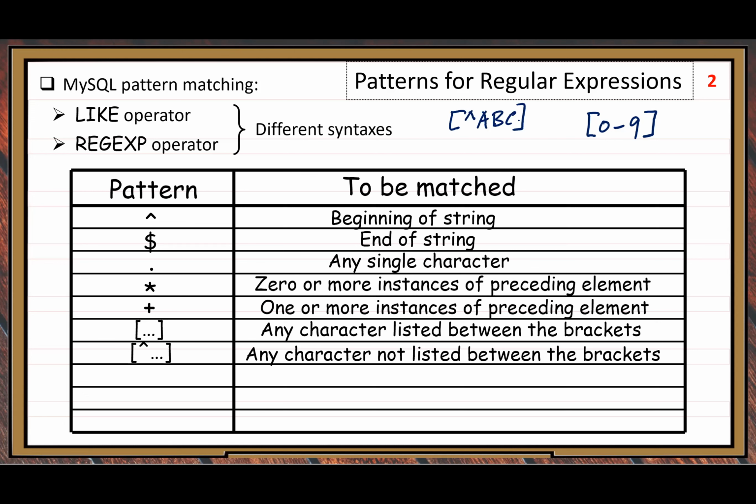Any character except A or B or C, non-A, B, C, like negation. This hat symbol has another meaning, different from the first meaning, the beginning of string. Do not get confused, because that's inside the bracket.